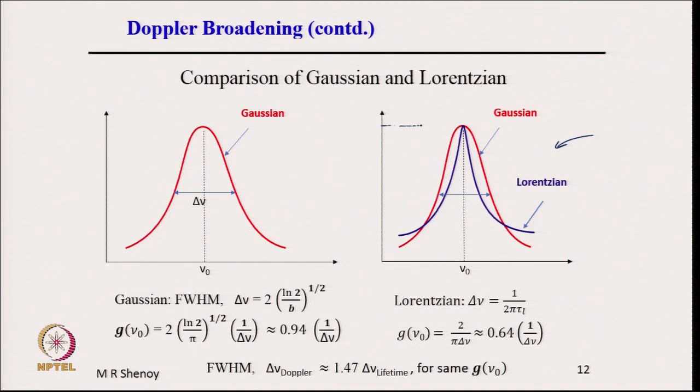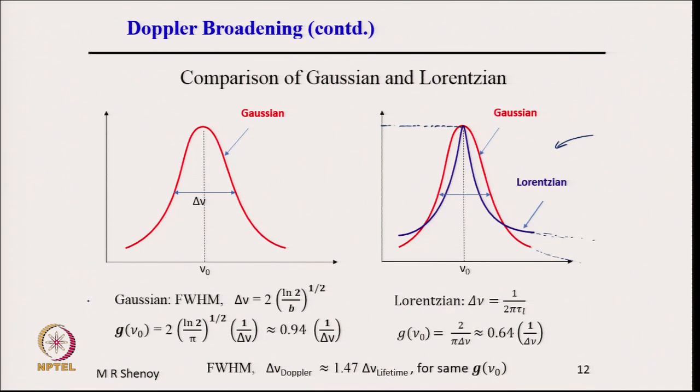Both of them, if we make g of nu 0 constant, then the variations would look like this. The Lorentzian has a higher value of the pedestal. This goes to 0 at infinity, of course, asymptotically, but with a higher value. Gaussian drops down rapidly and goes down to 0, but Lorentzian has a narrower line width.